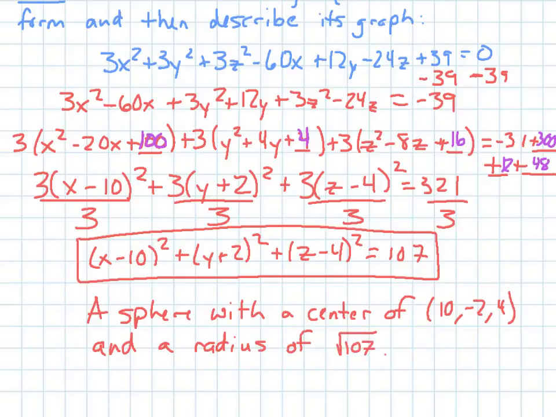You can just leave it like that. If it's a radical, you can choose to put it in decimal form, but radical is just fine. It's not a big deal, unless it reduces, so make sure it reduces. If it was like square root of 100, you would say it's a radius of 10. And that's it. Have fun.